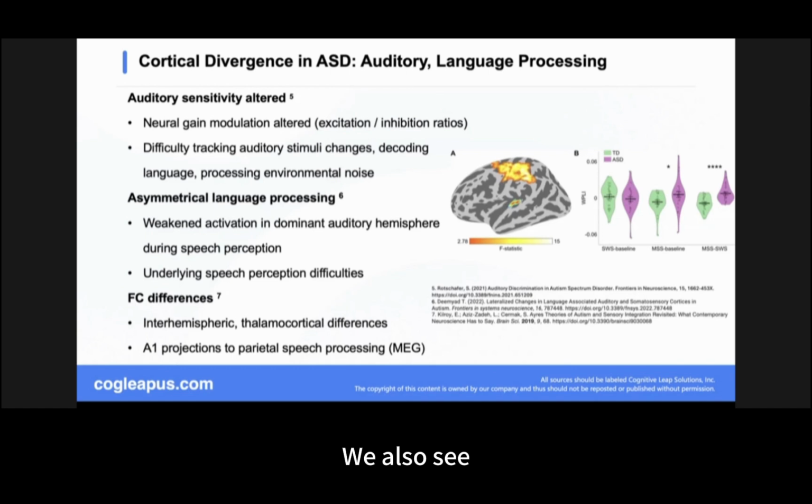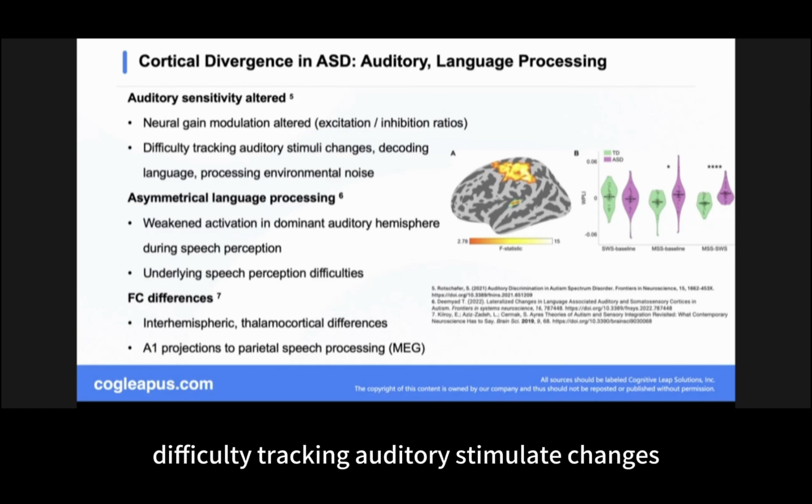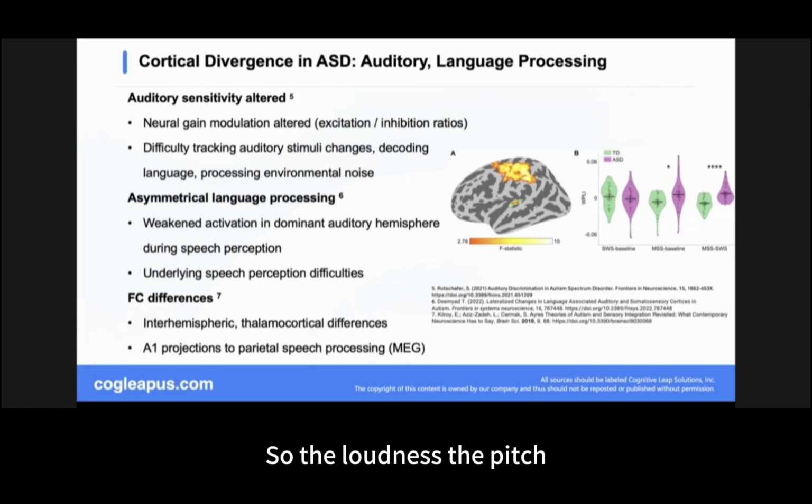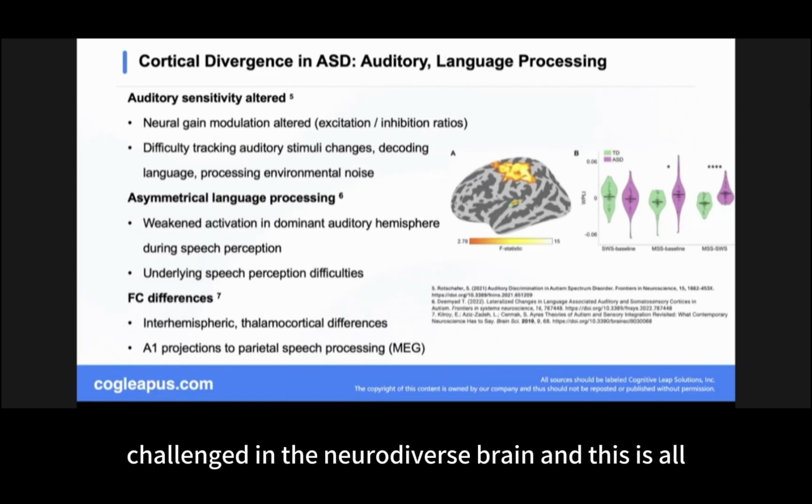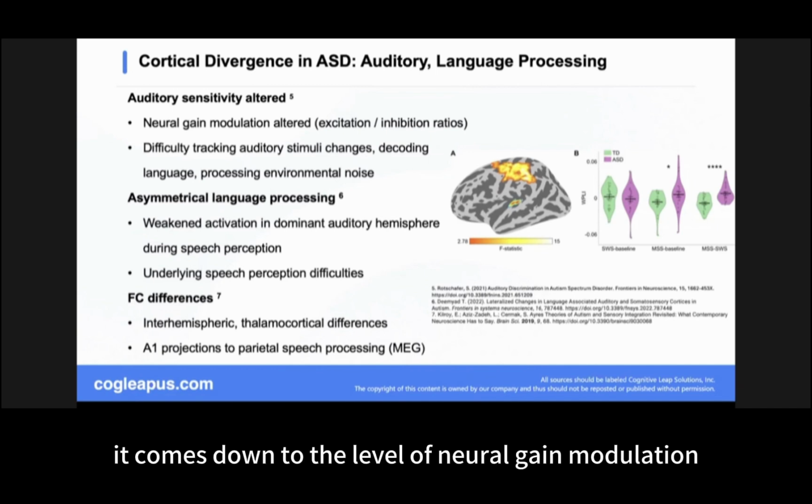We also see difficulty tracking auditory stimuli changes. So the loudness, the pitch, the yaw, all of these different modalities and dimensions of sound processing become challenged in the neurodiverse brain. And it comes down to the level of neural gain modulation.